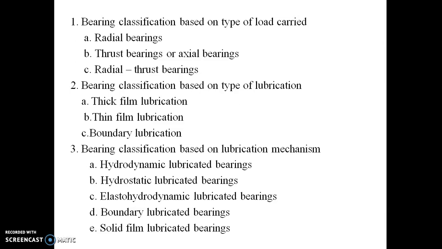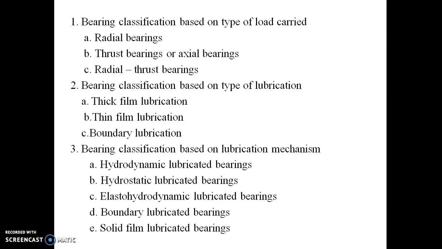The coefficient of friction for this range is 0.004 to 0.10. The third type is boundary lubrication. In boundary lubrication, surface contact is continuous and the lubricant is continuously supplied over the surface, which reduces the friction and wear. The values for coefficient of friction are 0.05 to 0.2.